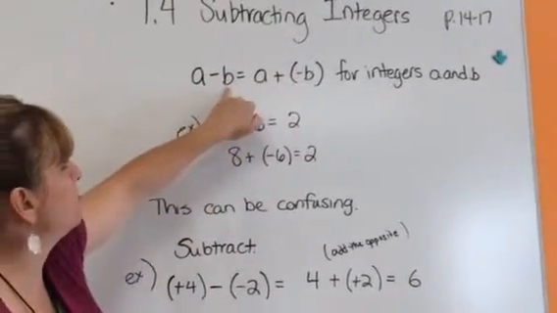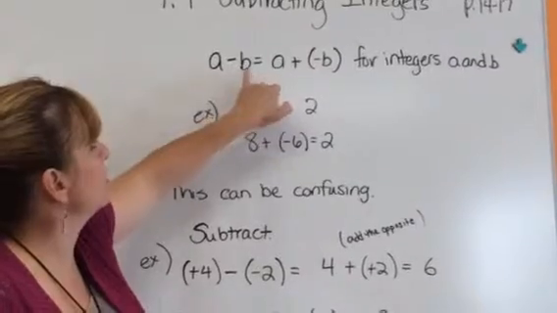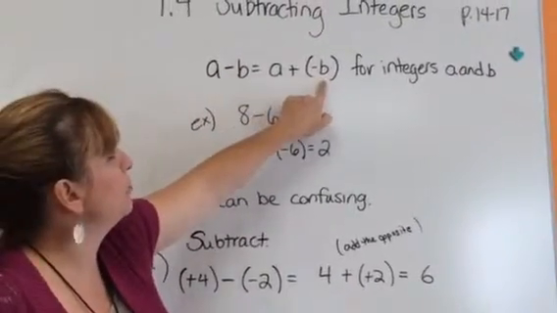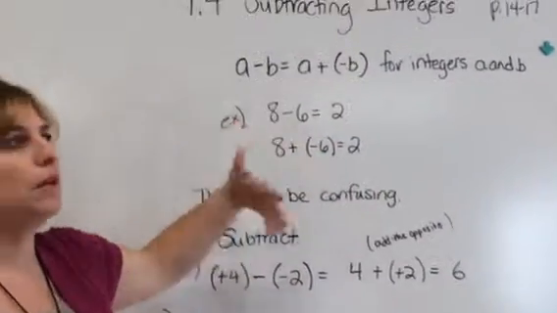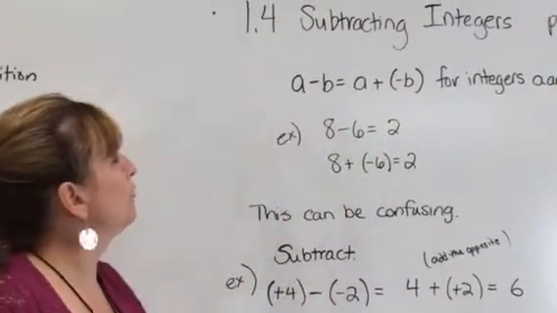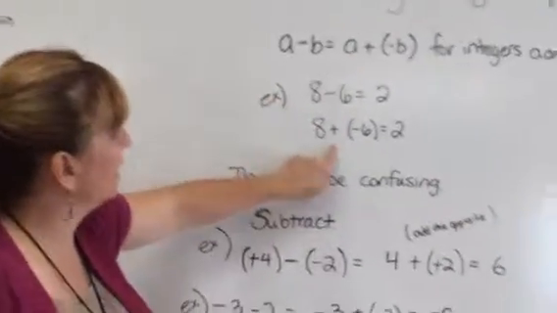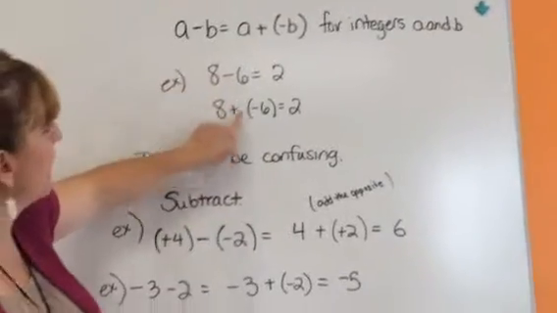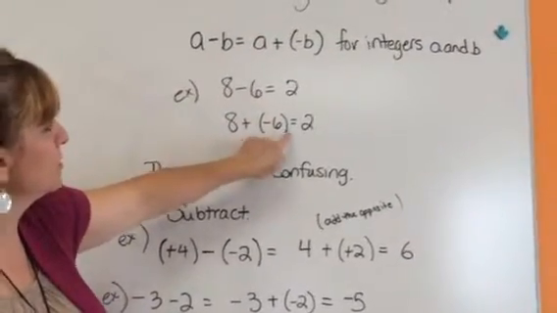Okay, so A minus B actually means add the opposite of B. So you're going to add a negative B for integers A and B. Okay, so let's look at this. You know from first grade or second grade, 8 minus 6 equals 2. Well, if you looked at it in this way, 8 plus, so that minus tells us to add the opposite of 6. So the opposite of 6 is negative 6.